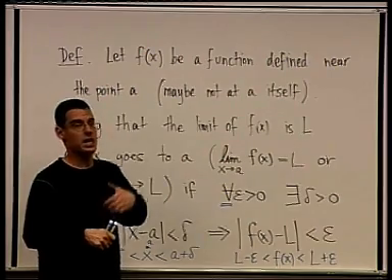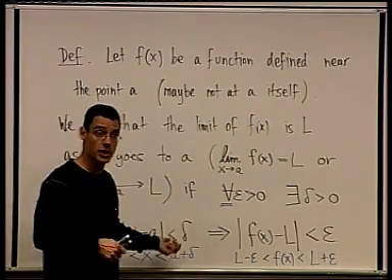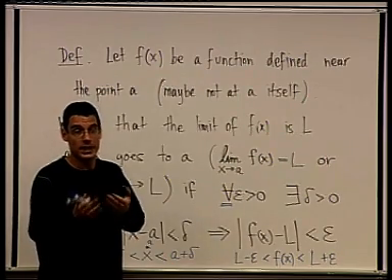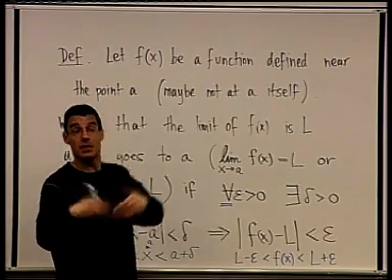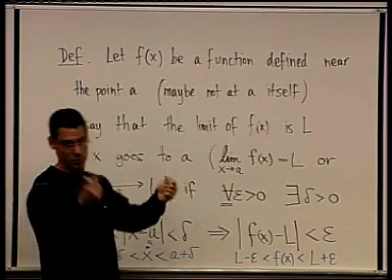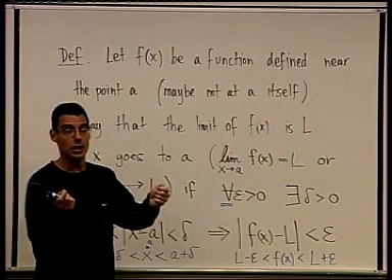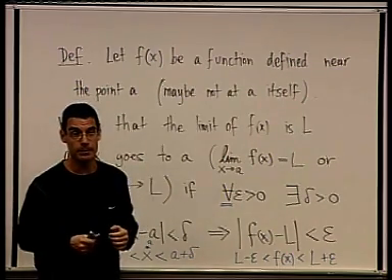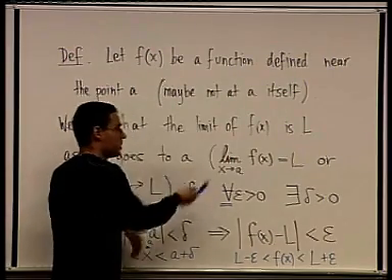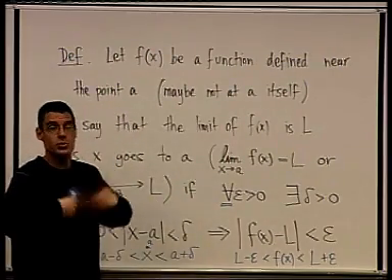Then, using the definition, we're going to formulate some rules of how to find limits once you know some given limits. So if you know the limit of a function f and you know the limit of a function g, you know the limit of f plus g. You add them. Once we have these rules, we're not going to have to always resort back to the definition. We're going to use these rules.